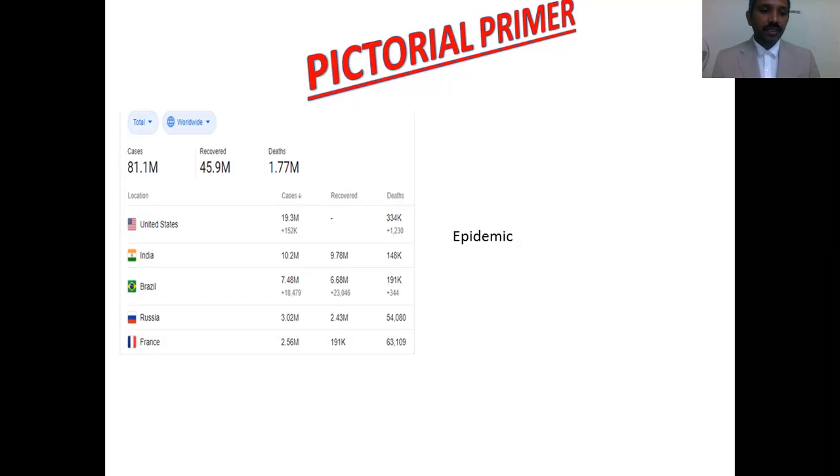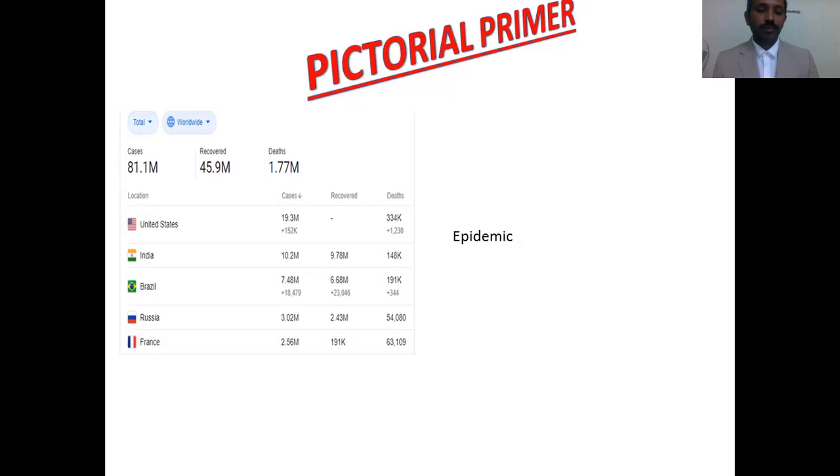If you look into the country-wise data, the United States tops the table with almost 20 million cases and almost 3,34,000 people have died.